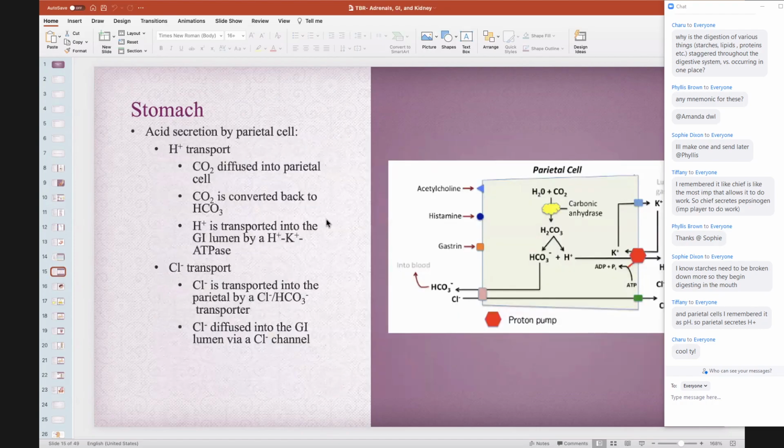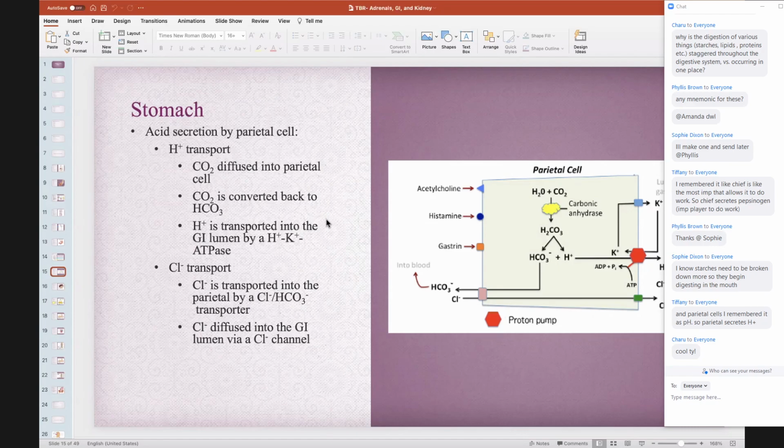Okay, so how do we actually produce stomach acid? That's an interesting problem here, right? Acid, for the most part, is harmful to the body, so we don't have acid free floating around. So how do we do that? The parietal cells do that. They take water and carbon dioxide and produce hydrochloric acid through that.